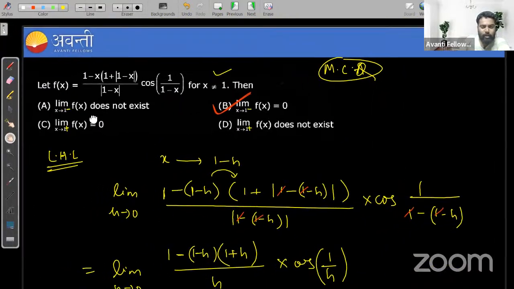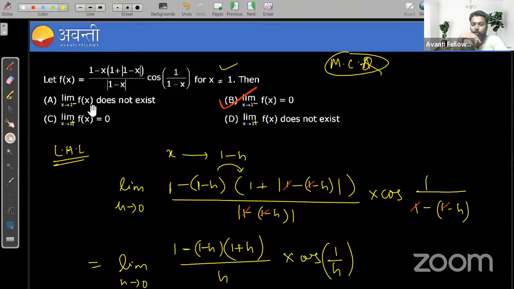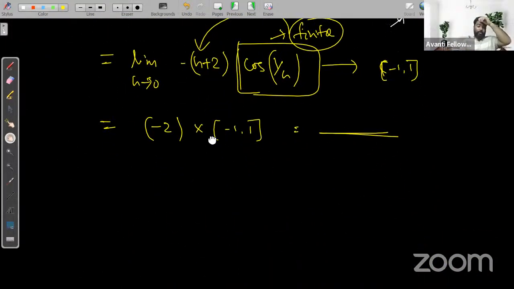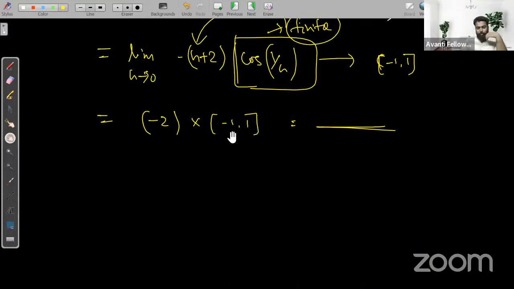What is happening? Limit of f of x, 1 plus f of x does not exist. -2 into, if you put the limit, -2 into some values in between -1 to 1, right? So the right hand limit will be any values. But in case of left hand limit, we are multiplying with 0.